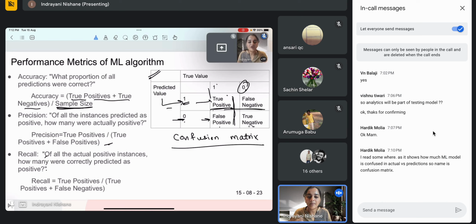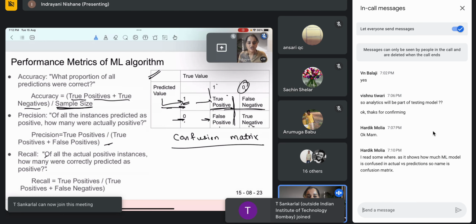So one way to remember recall is, out of all the positive instances, how many are correctly predicted. So the number of correct predictions will be in the numerator, and all the actual positives will be in the denominator.